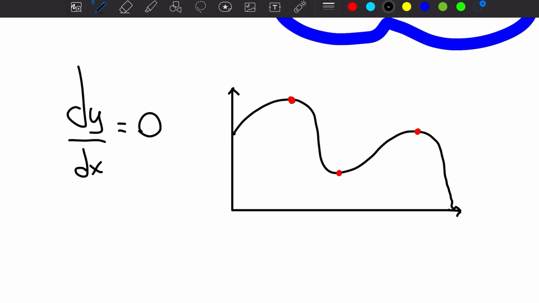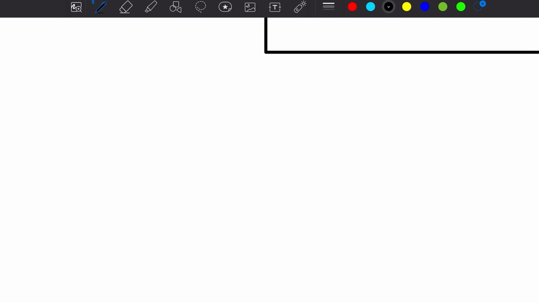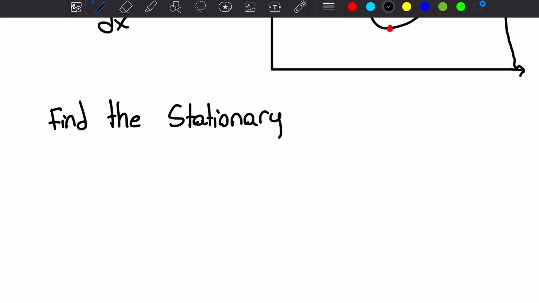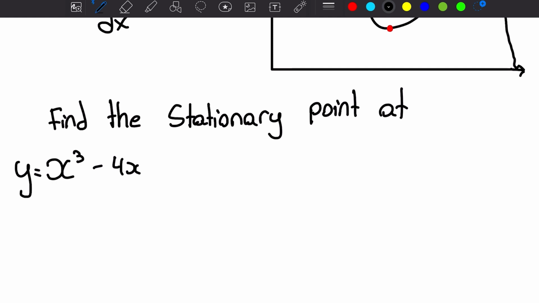Let's say the question says, find the stationary point at y equals x cubed minus 4x plus 5.